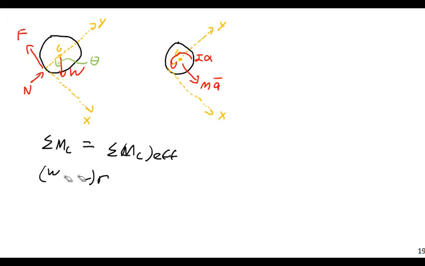Let me just start that over. W sine of theta times R is equal to MA times R plus I alpha. So why didn't the frictional force and the normal force appear in my equation?